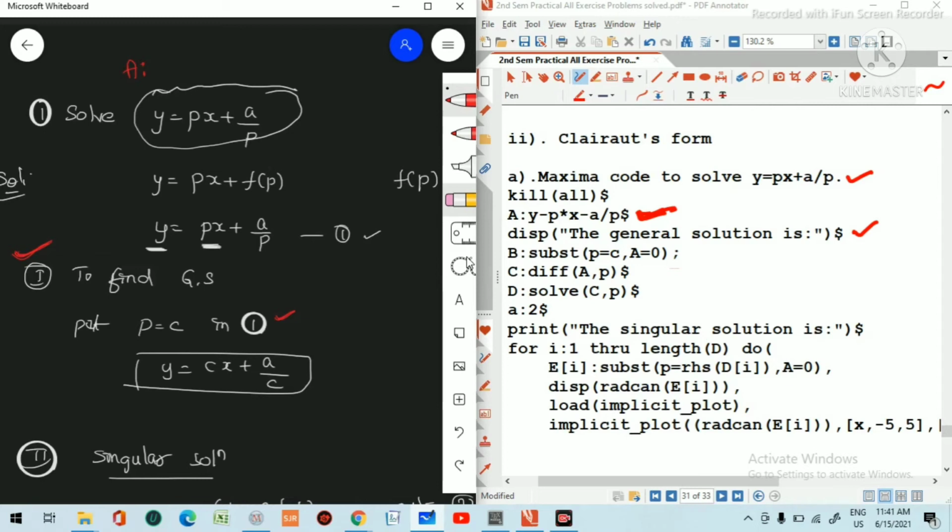What is our 1? This equation is 1, is it not? Yes, sir. So we are saying in the program, substitute the value of p is equal to c in equation a. This is our equation a. Okay, substitute that value here.